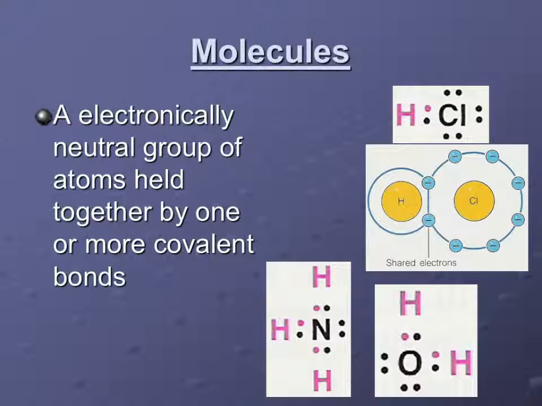Because what is a molecule held together by? Covalent bonds, right? And we said covalent bonds only happen between 2 nonmetals. So all of these molecules are held together by covalent bonds, and that means that they have nonmetals in them, okay? Good there?